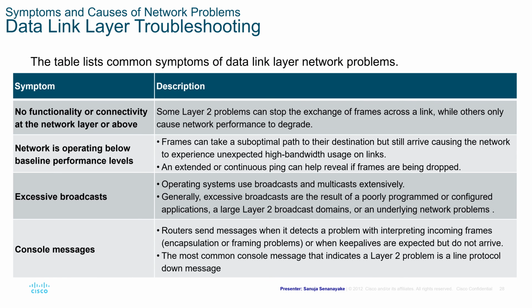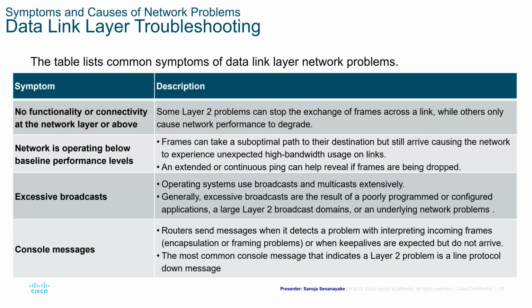The other ones, let's look at the data link layer troubleshooting. Here are some data link layer troubleshooting items. They include no functionality or connectivity at the network layer or above. That means the data link has failed.